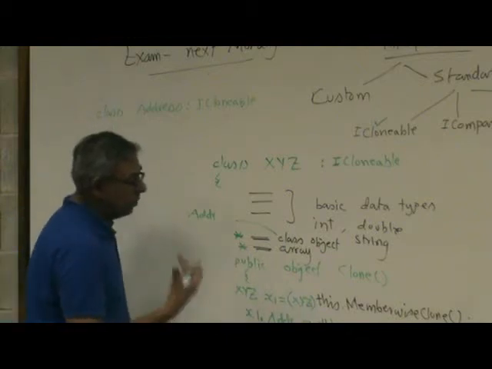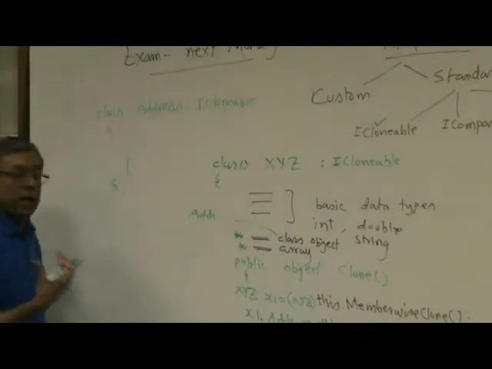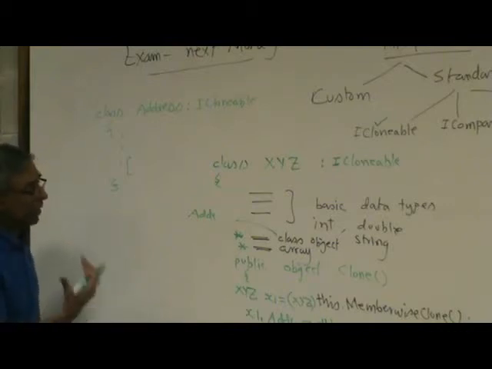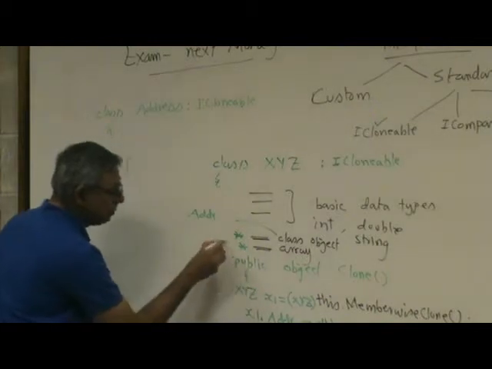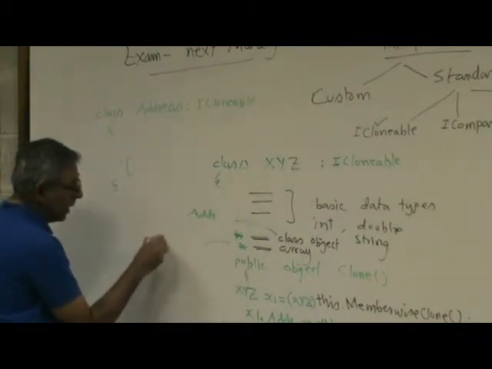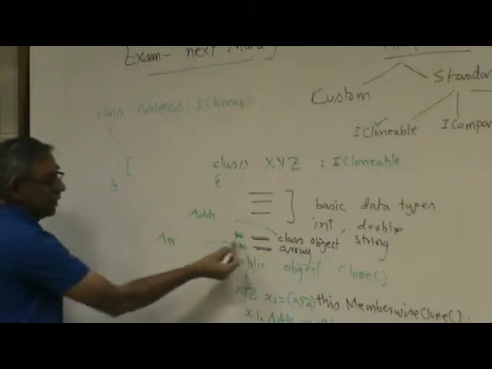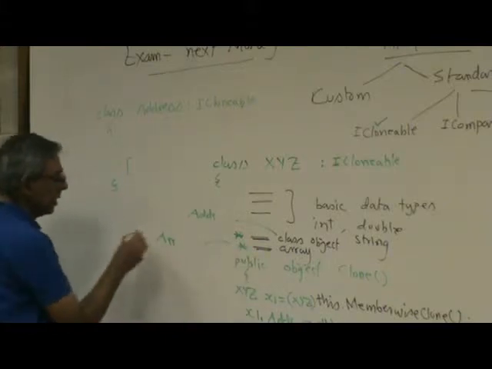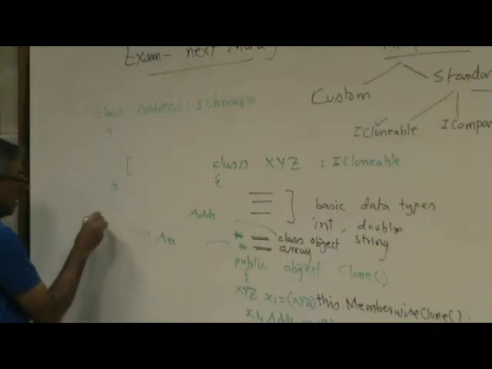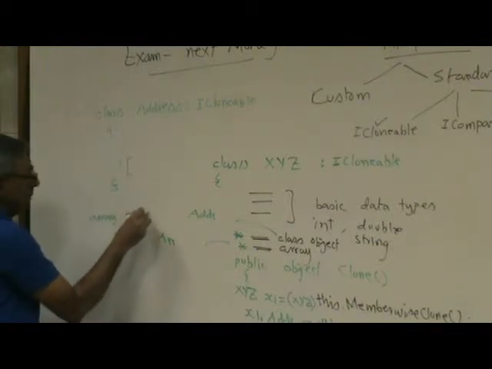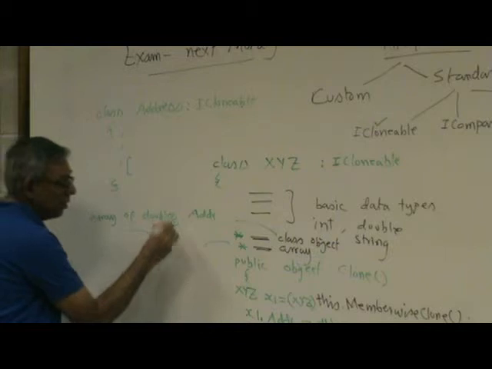If it's an array or a list, or any other .NET library class, .NET library already implements IClonable for most of its classes. So for example, let's say arr is the name of the field over here, and suppose it's an array of doubles. If that's the case, then what will you do?